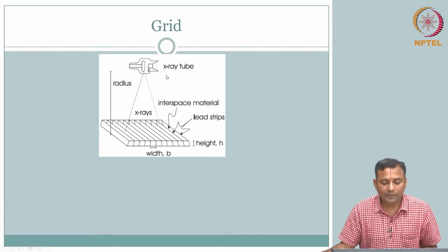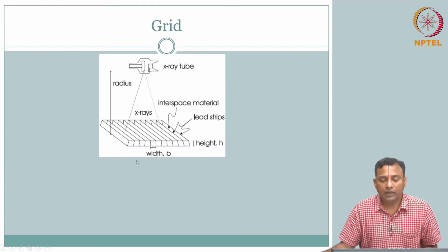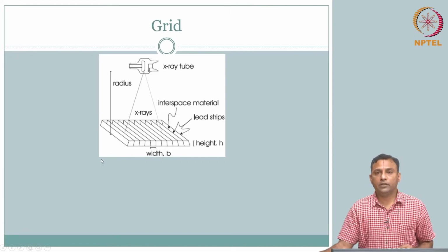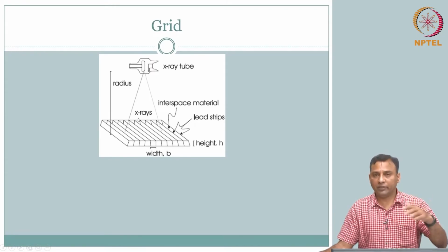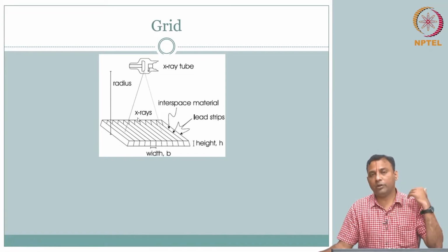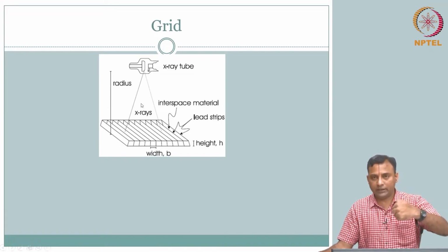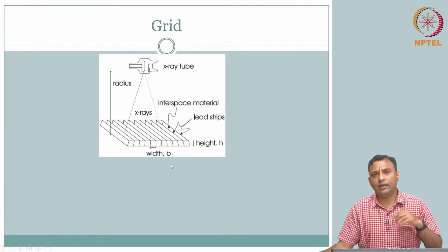You have your X-ray, sending at some angle, diverging, and before it hits the patient or the object, that part is fine, that part is done. But after it comes out of the patient, there is a diverging angle when it hits the patient, that is fine.